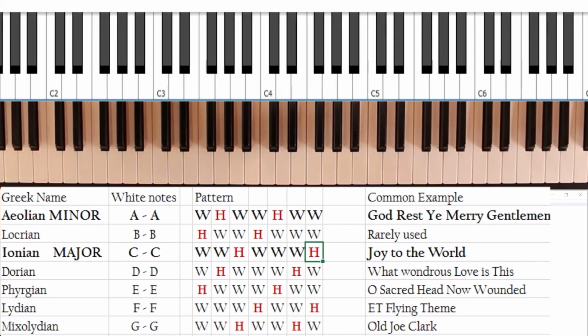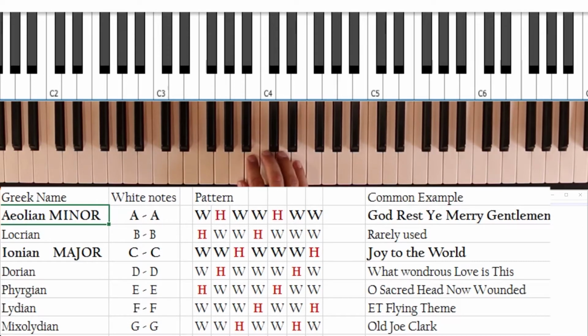There are many different sequences that you can use, but that is what we call the Ionian mode or the major scale. I'm not going to show you all the modes. You can see here the different modes and the different patterns that they have, but just in contrast, let me show you the other very familiar mode, what we call the minor scale.